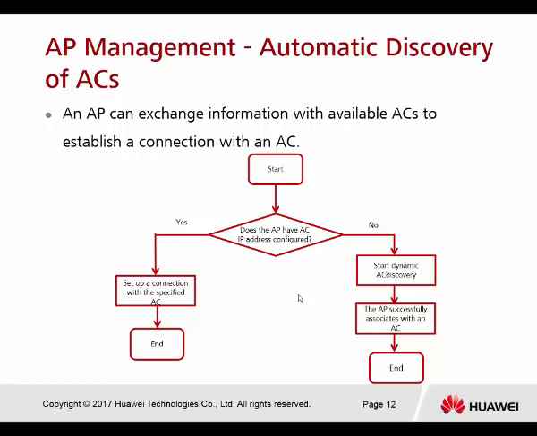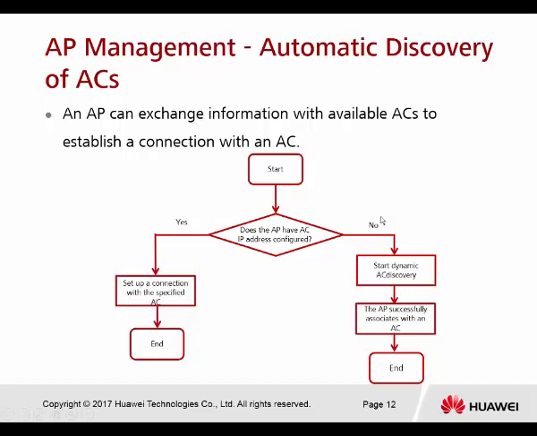Meaning, did we actually configure a static AC IP address on our AP? If yes, it will automatically set up the connection to the IP address that we configured. It will send the discovery based on the IP address that we assigned, find the AC, and establish the CAPWAP tunnel. So this is the static way to configure.